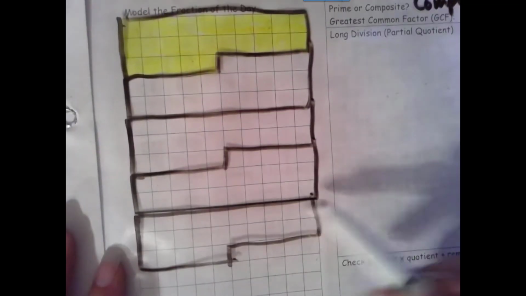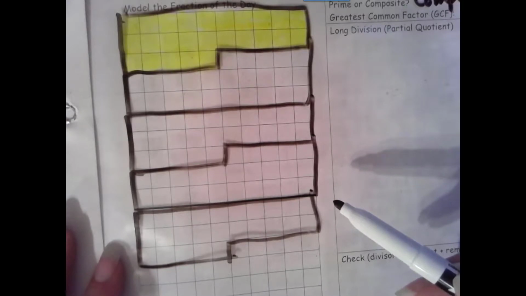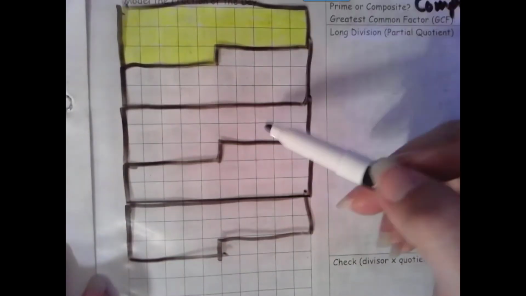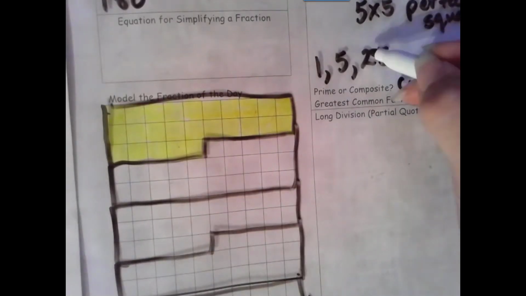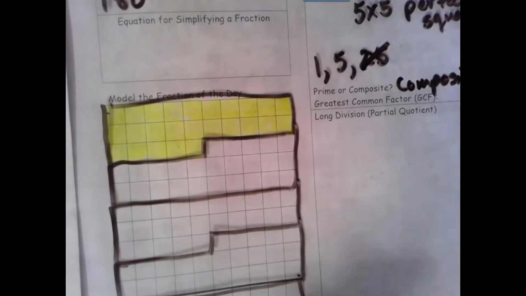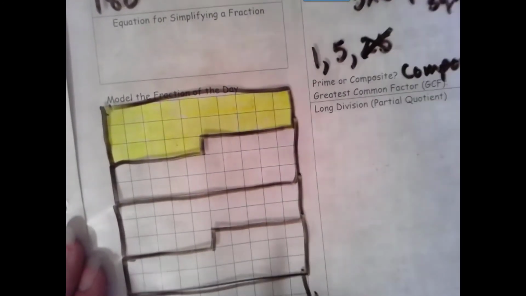This big thick line represents 100 days, and then the bottom part is 80 days. So 4 25s make 100. I have a remainder of 5. That means 25 does not work as a factor of 180, so it is not our greatest common factor. So that means we need to try 5.